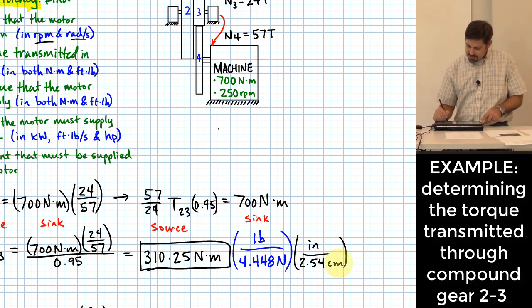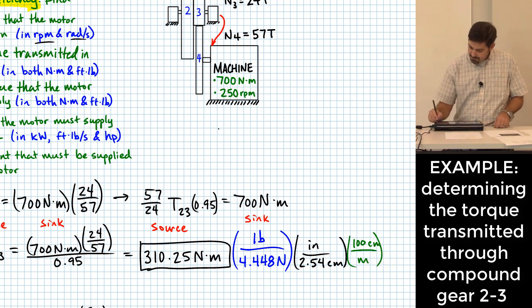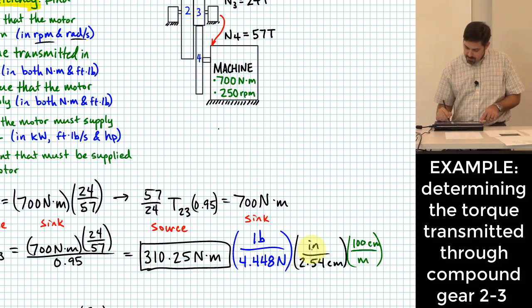Okay, so I got to deal with the centimeters and meters. So probably what I want to do there is 100 centimeters in a meter. Right? What else? Inches to feet. Okay, so maybe I'll go with the inches up here in the numerator. I'm trying to turn that into feet. So, a foot is 12 inches.